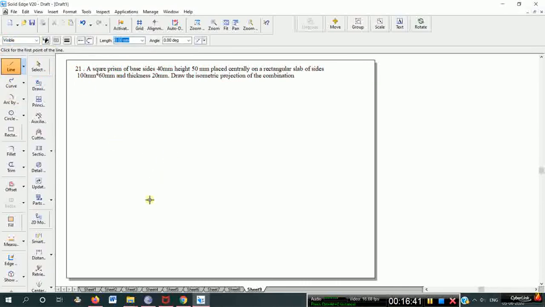Rectangular slab of 100 by 60. So check this problem in the solution book. They have written the orthographic projection, front view and top view, so by seeing that you have to draw the isometric. So first 100 mm by 60.